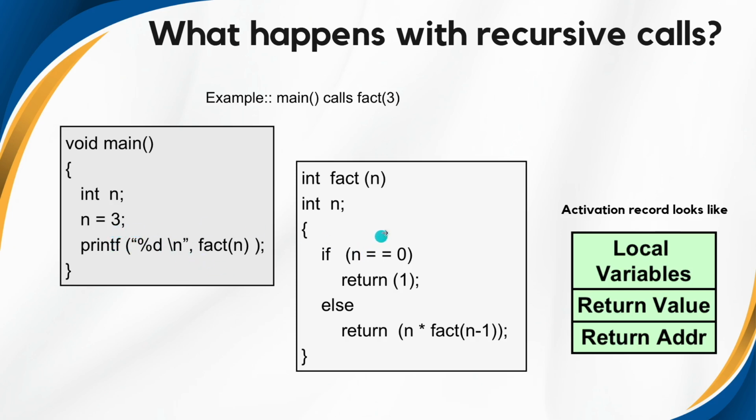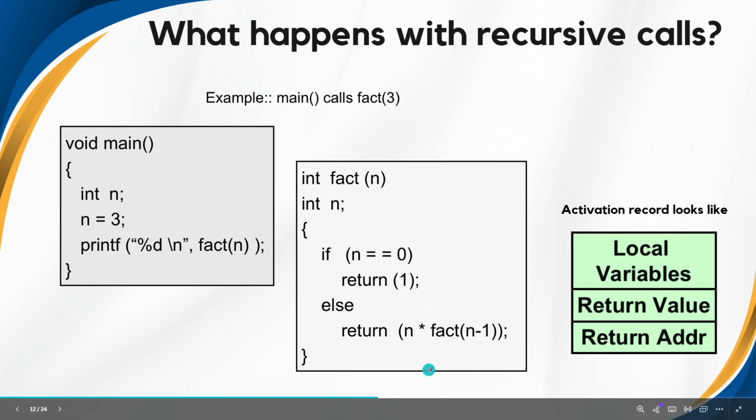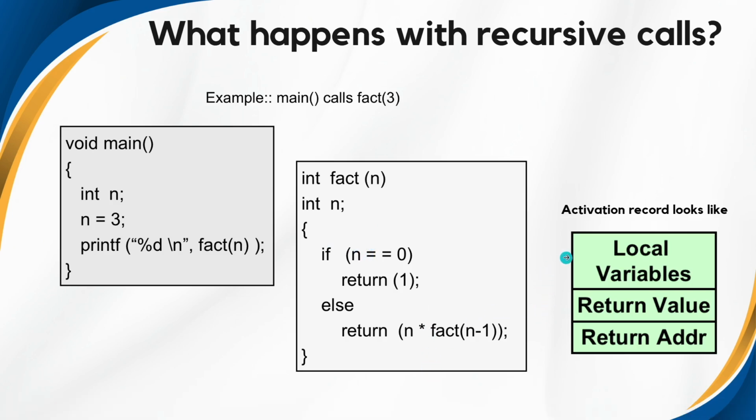This is going to be the definition for the factorial function, and you know very well how this activation record will look like. It will have all the local variables in that function maintained. In our case the local variable is n at this moment, and it will have all the return values, and it will have the return address as well. So this is how your activation record will look like.